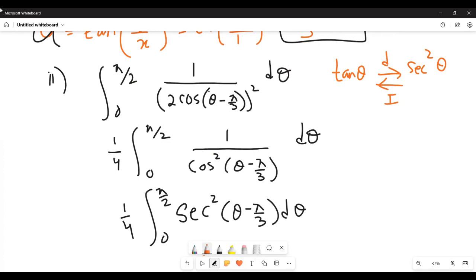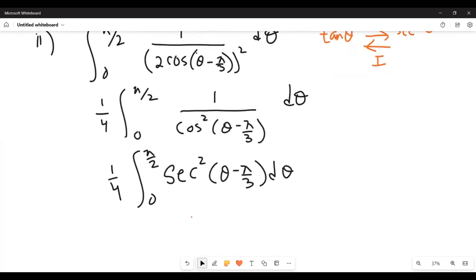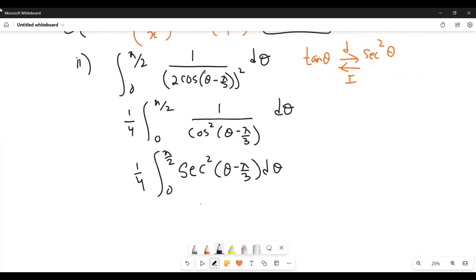So we get tan(theta minus pi by 3), and in the denominator, you also have to differentiate theta minus pi by 3. The derivative of theta is just 1, and the derivative of minus pi by 3 is 0, because pi by 3 is a constant. So in the denominator, you just write 1 minus 0, or even if you don't write anything, it's absolutely fine.